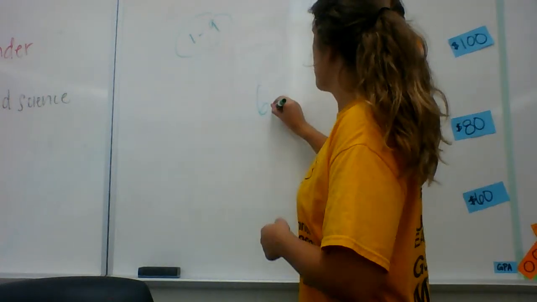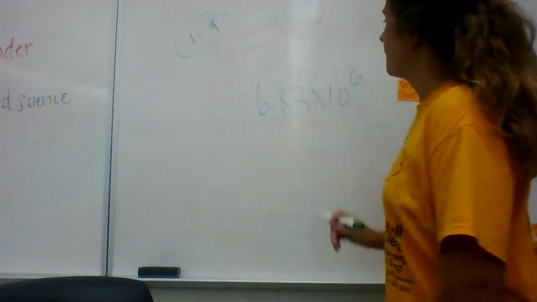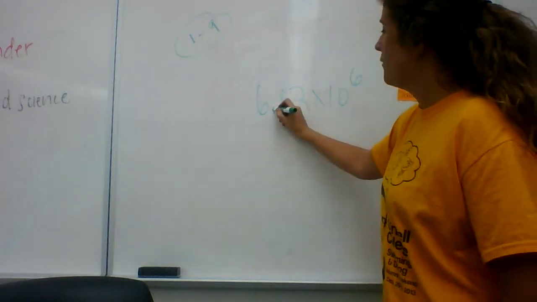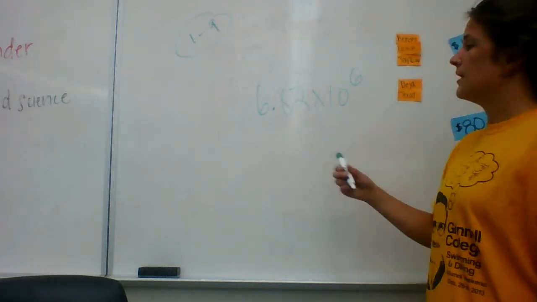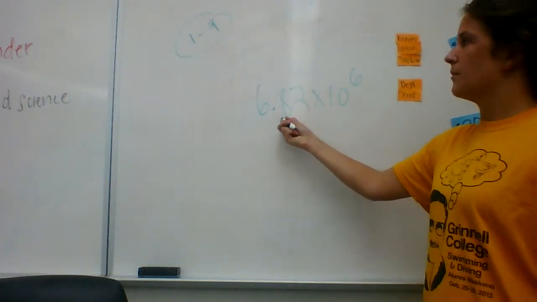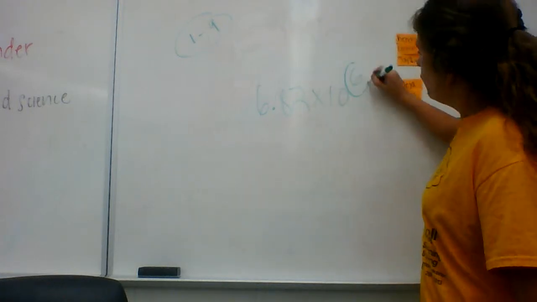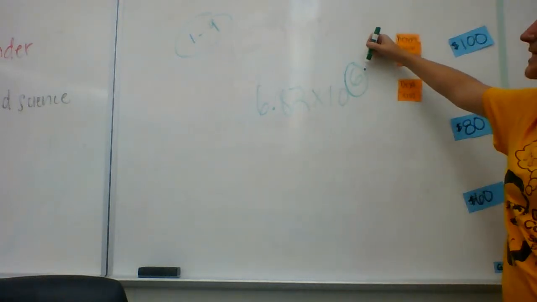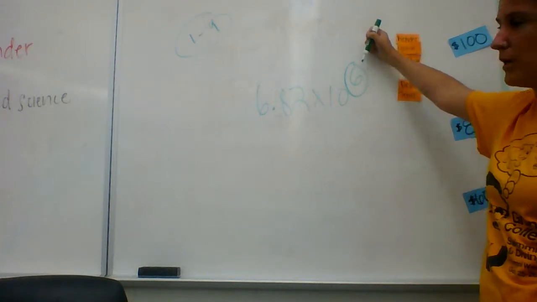Let's do 6 82/100 times 10 to the 6th power. I know that this is in scientific notation because this number here is in between 1 and 9. I know that I'm going to move my decimal point 6 times. This doesn't mean I will have 6 zeros, but I move my decimal point 6 times.